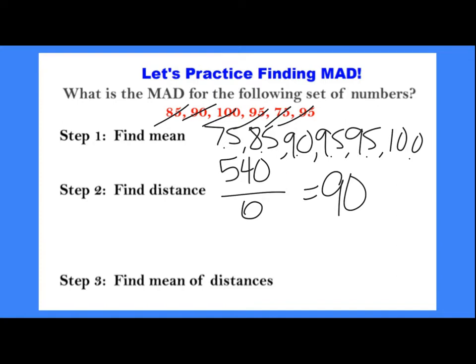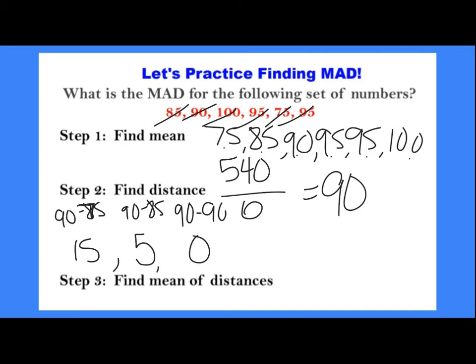Then we have to find out how far away each number is from 90. Starting from 75, 90 minus 75 is 15. 90 minus 85 is 5. 90 minus 90 is 0. You still have to include the 0 in the data set.